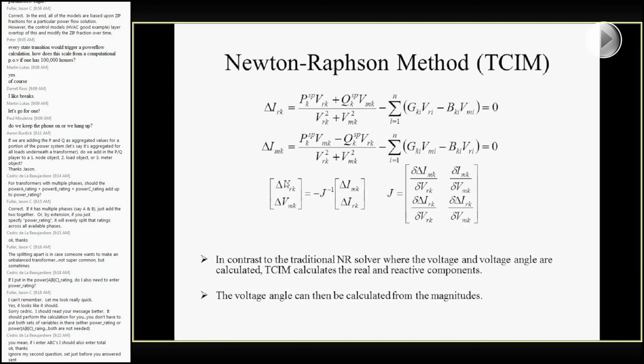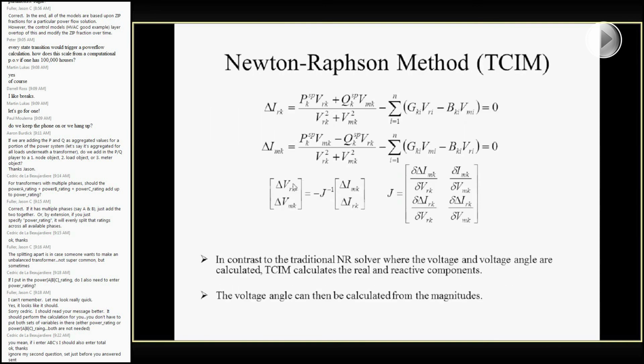Now it's the real and reactive portions. But you're doing it with another Jacobian matrix. It's just a slightly different form, obviously to account for the fact that you're doing real and reactive current injections. And if you want the angle and the magnitude, obviously you just have to convert from the rectangular coordinates into the polar coordinates. So you're still getting the same answer. You're just approaching it a different way.